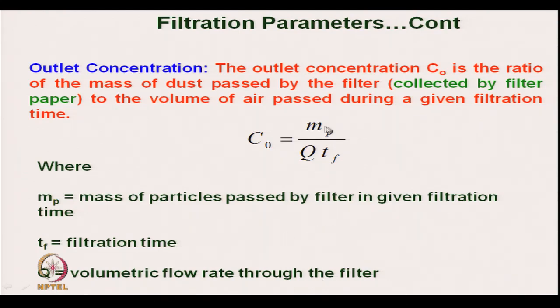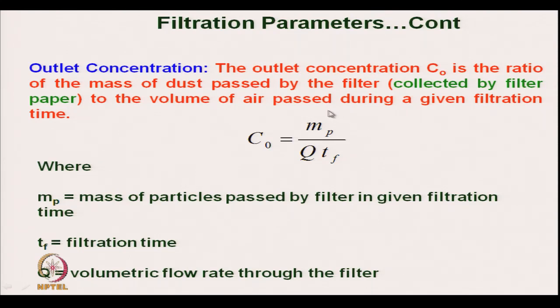If we multiply Q with TF, that will give the total volume of air passed through the filter medium. So, the ratio of MP by total volume gives the outlet concentration.